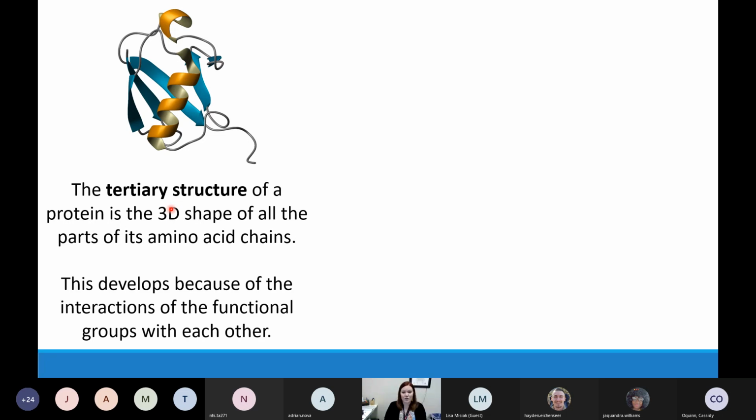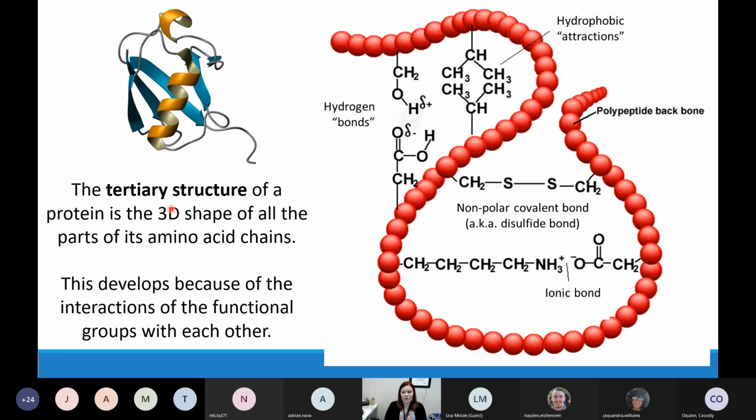When I talk about that tertiary structure, it all comes down to the functional groups. I want you to make sure to underline, highlight, star in your notes that the functional groups are where the tertiary structure comes from. It's all about those personality types. That's where 3D shape comes from.